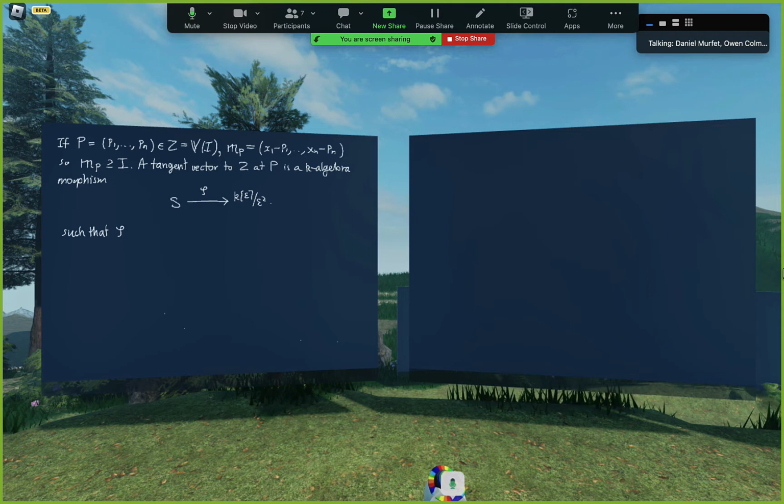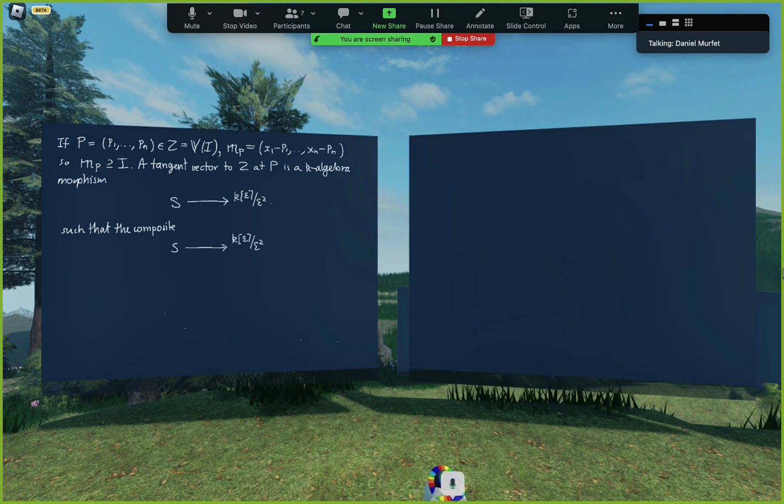The way it worked, if you recall, is that phi of f is going to be f(p) plus... just thinking about the best way to say this. Yeah, I'll just do it. Is a K-algebra homomorphism such that the composite, for it to be a tangent vector at P, yeah, thanks.